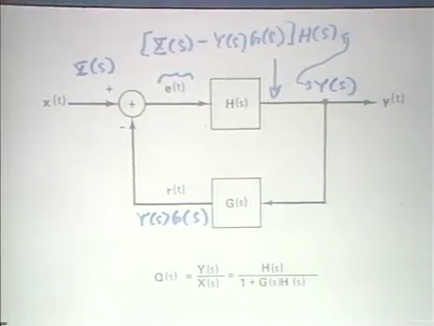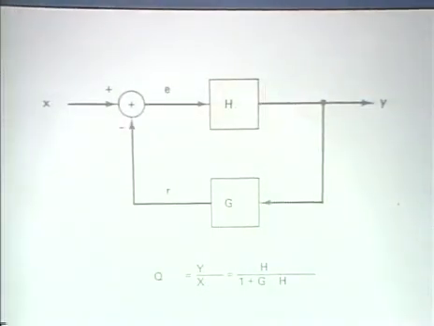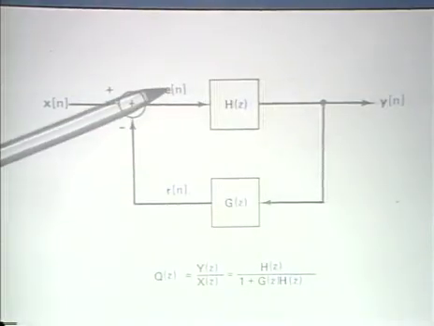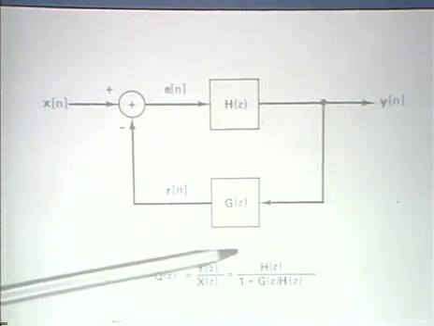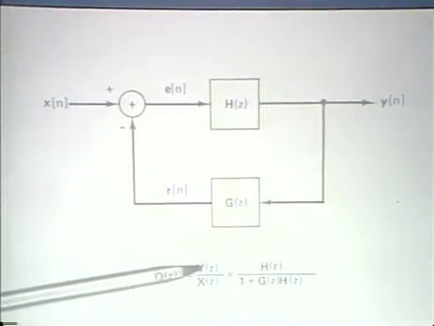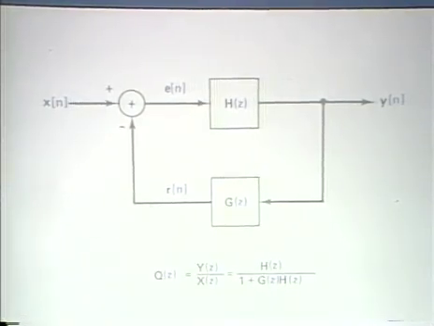In the discrete time case, we've simply replaced in the time domain the independent variable by n, and in the frequency domain the independent variable by z.